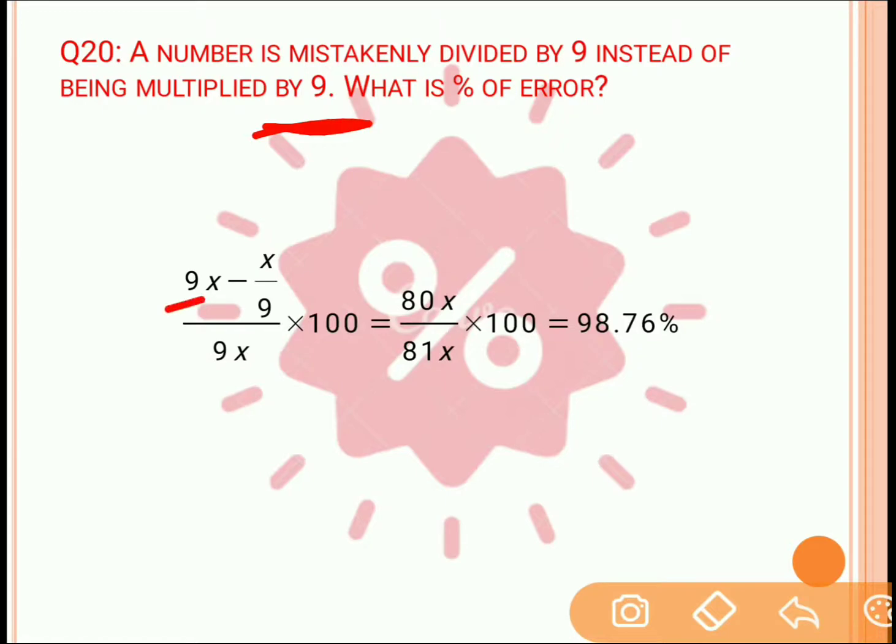So (9x minus x by 9) upon 9x is nothing but the percentage of error between these two numbers, that is between 9x and x by 9. By solving this, we have found out that the fraction turns out to be 80x upon 81x into 100, so that is equal to 98.76%. So this is the amount of error between these two numbers.